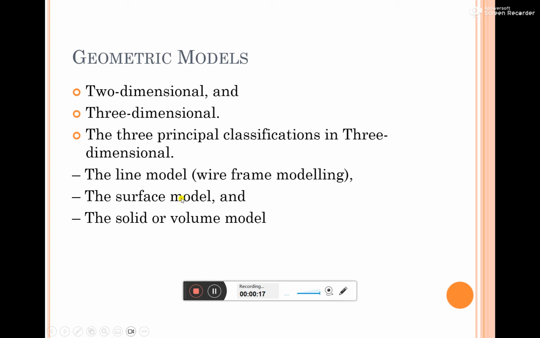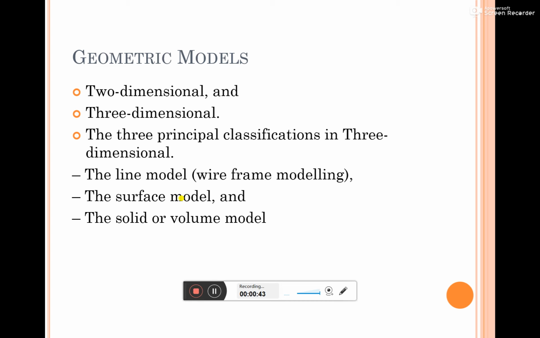During geometric modeling, to represent the various parts and drawings, we can represent those different elements either by two-dimensional or by three-dimensional models.